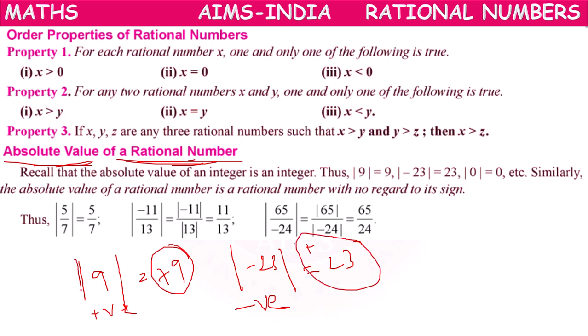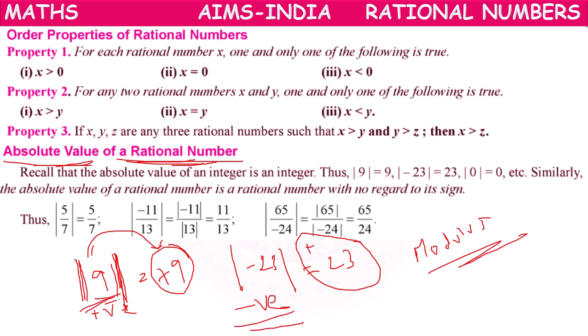The given integer is written between two parallel lines, which can be considered as modulus, M-O-D-U-L-U-S. If we take the modulus of any number, it will always be positive, whether the number is positive or negative.